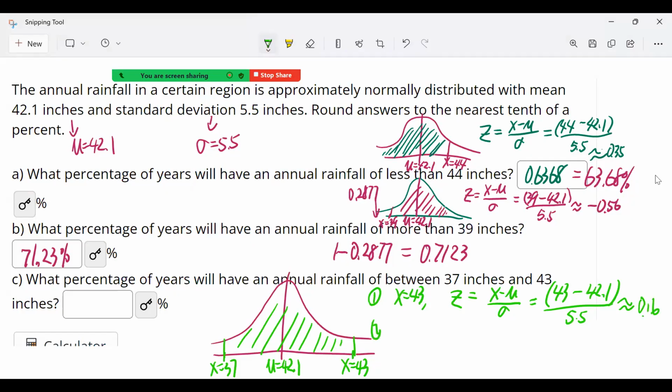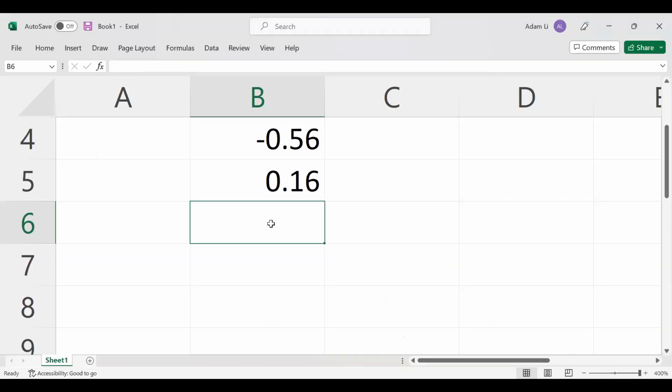And then the smaller z-score is for x equal to 37. The z-score equals x minus mu over sigma, so that's 37 minus 42.1 over 5.5.